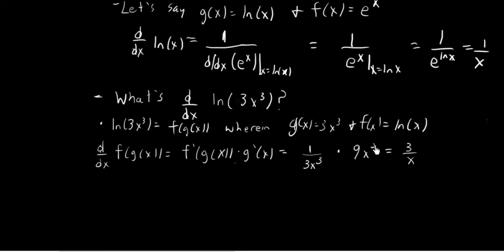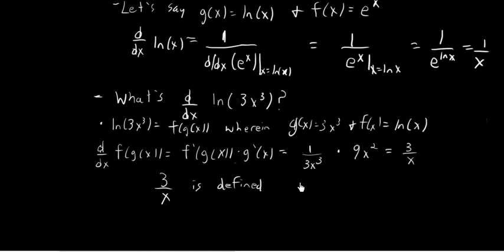Make some cancellations, we get 3 over x. But we actually have a problem here. This problem might not be immediately obvious, but notice that 3 over x is defined for all x not equal to 0. So x equals 0 is really the only problematic number here.